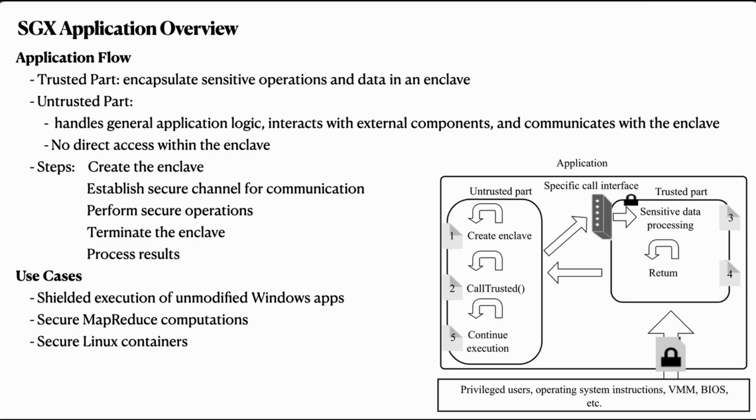At the end, it will terminate the enclave. The application will destroy the enclave and release the reserved memory to ensure that any sensitive data within the enclave is properly cleaned up, and the application will process the result returned from the enclave, taking any necessary actions based on the secure computation performed within the enclave.